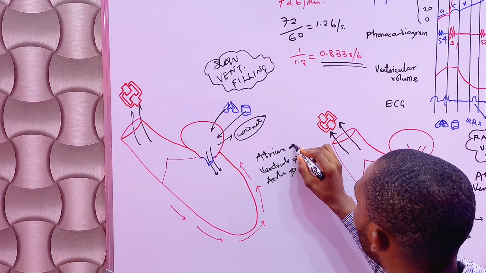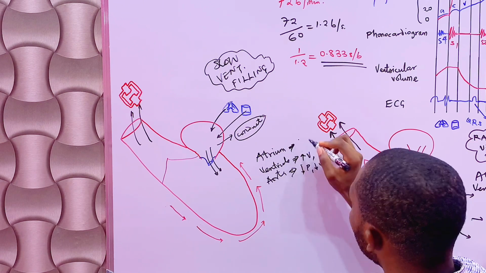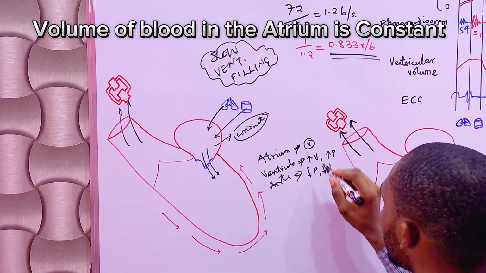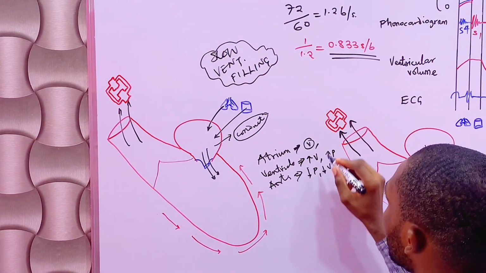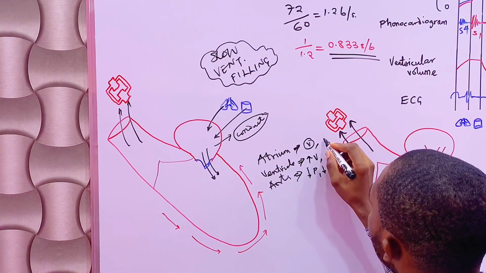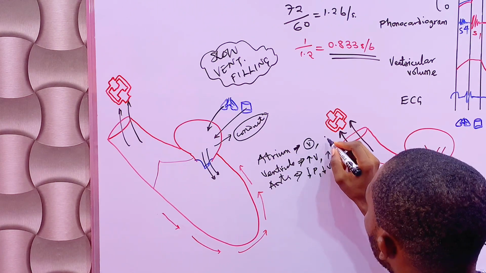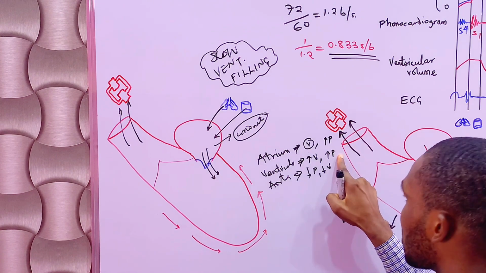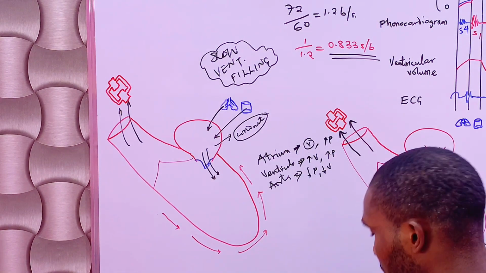And then how about the atrium? The atrium will maintain a fairly constant volume, right? So the volume of the atrium will be fairly constant, and then the pressure in the atrium will be slightly increased, all right, because it's equilibrated with the ventricle.